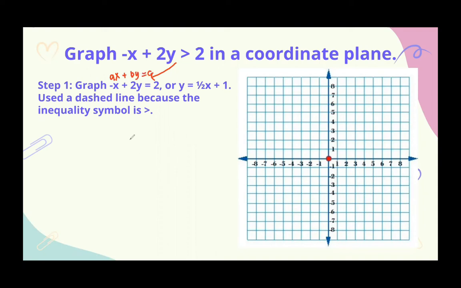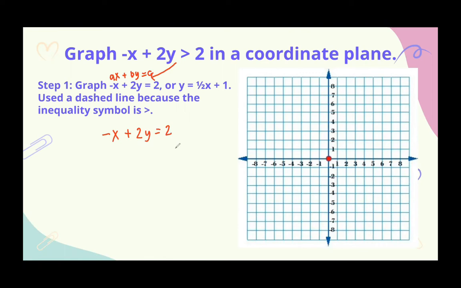Now, if you remember from chapter 2, you can actually use this form to find the y-intercept and the x-intercept and use those 2 points to graph on the coordinate plane, then connect it with a line. So I'll go ahead and show you how to do that. We have -x plus 2y equals 2.